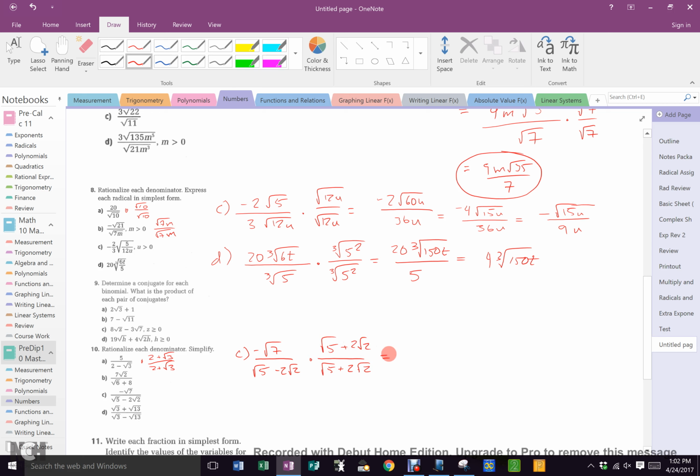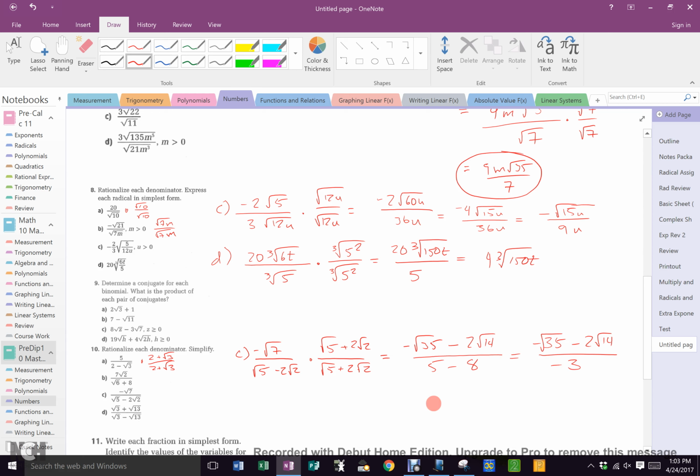And on top there, I get negative root 35 minus 2 root 14 over root 5 times root 5 is 5 minus 2 times 2 is 4 times 2 is 8, which equals negative root 35 minus 2 root 14 over negative 3.